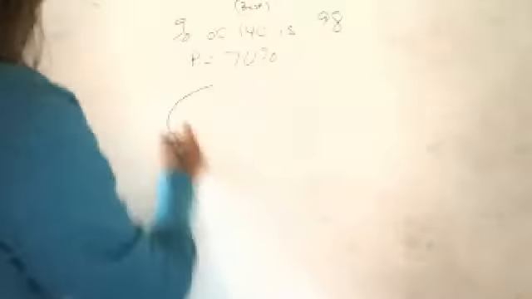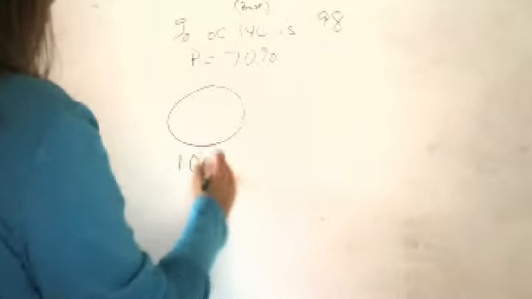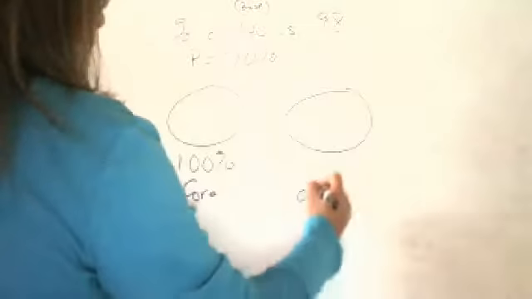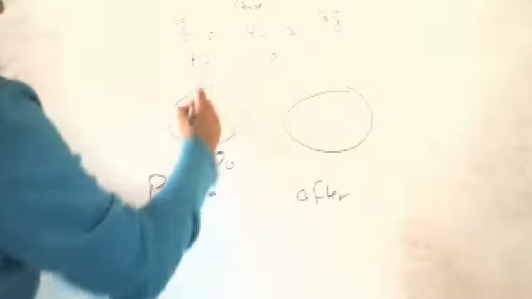Okay? Now, they want you to draw a diagram. We started off with 100%. This is the before, and this is the after. So we started off with 100% of what? The base is 140.